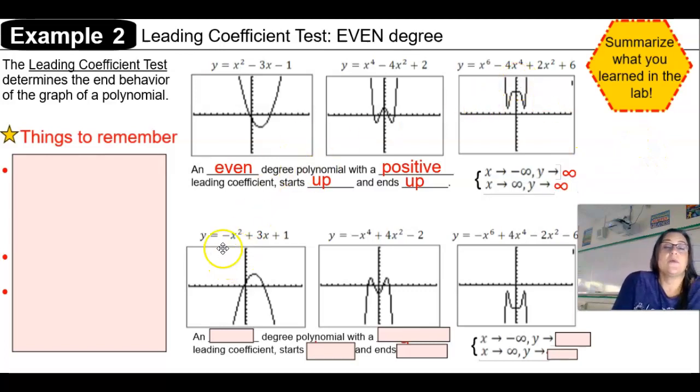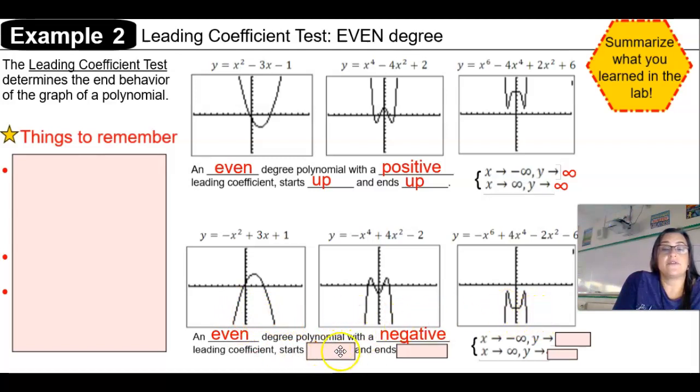Now, when we have even degree polynomials but negative leading coefficients, you can see here this quadratic has a negative leading coefficient, this fourth degree polynomial has a negative leading coefficient, and the sixth degree polynomial has a negative leading coefficient. In all of those examples, with an even degree and a negative leading coefficient, the ends are both pointing down.